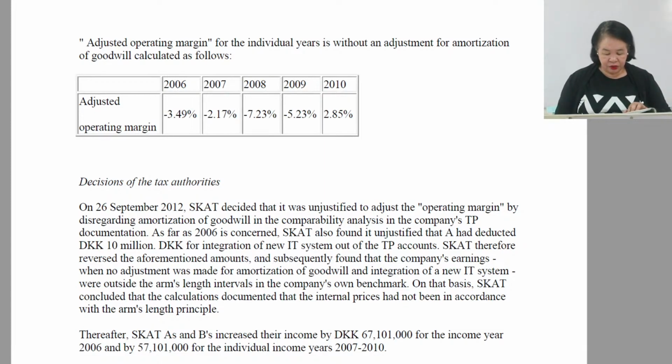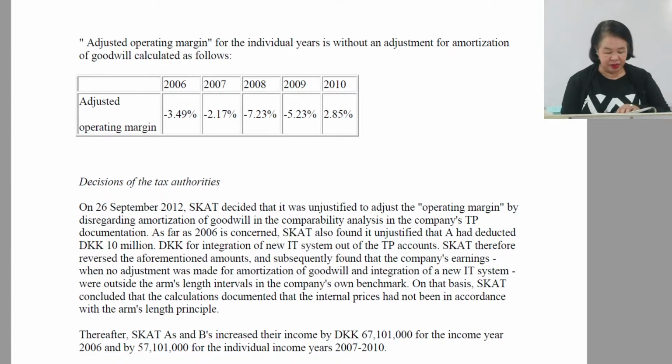No? So, SCAT therefore reversed the aforementioned amounts and subsequently found that the company's earnings, when no adjustment was made for amortization of goodwill and integration of new IT system, were outside the arm's length intervals in the company's own benchmark. So, on the basis, SCAT concluded that the calculations documented that the internal prices had not been in accordance with the arm's length principle.